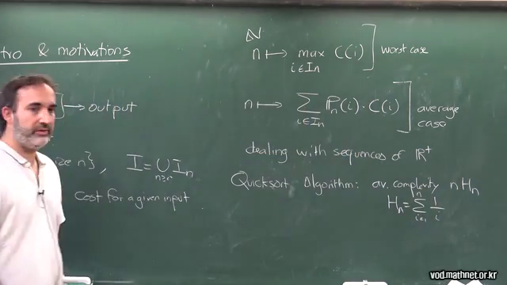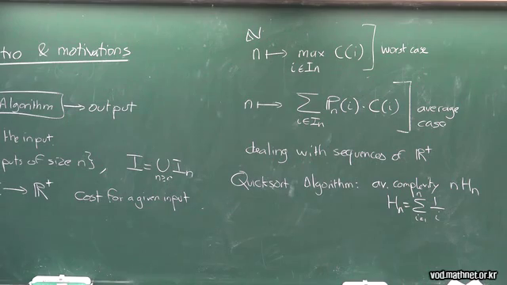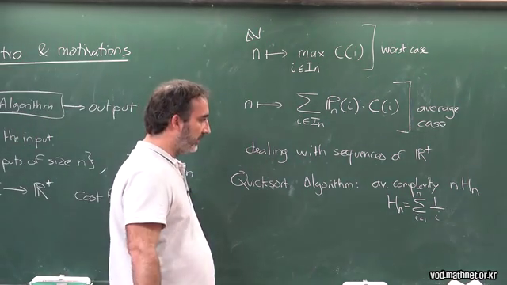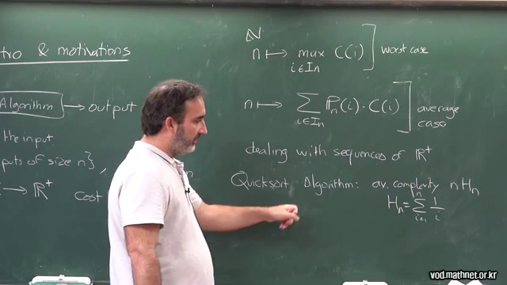Okay, so this is a result, the expected number of comparisons you have to do in the quicksort algorithm, for the uniform distribution.